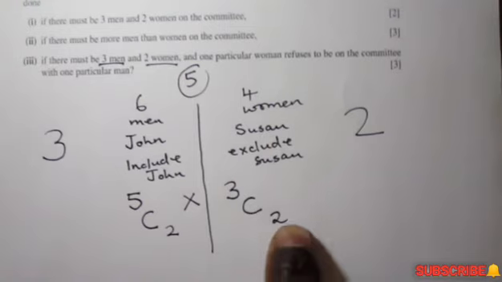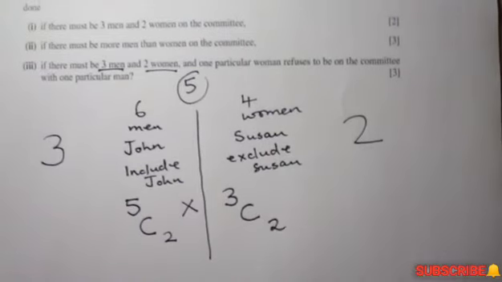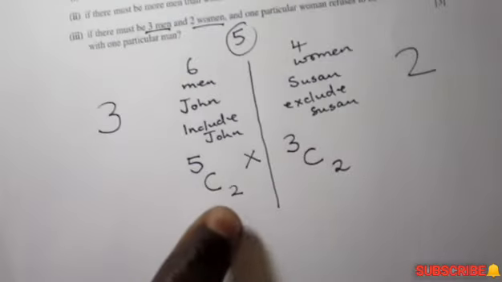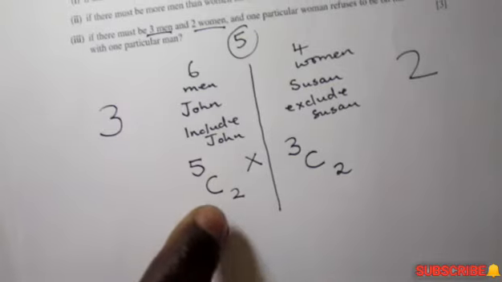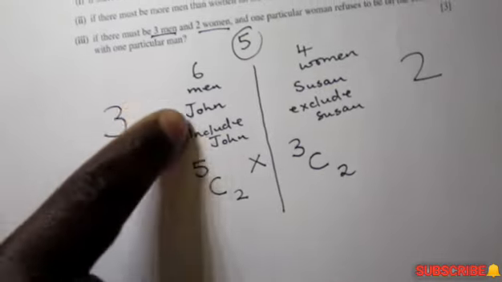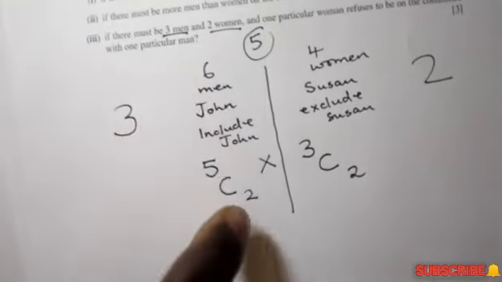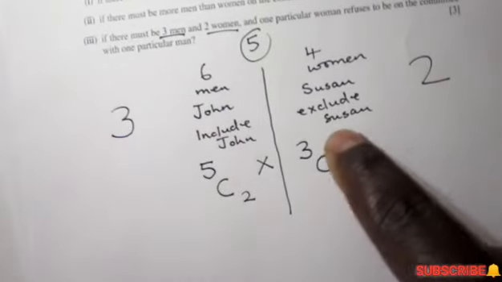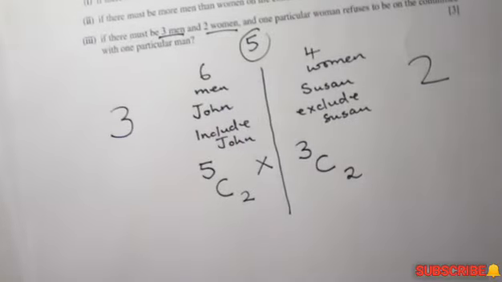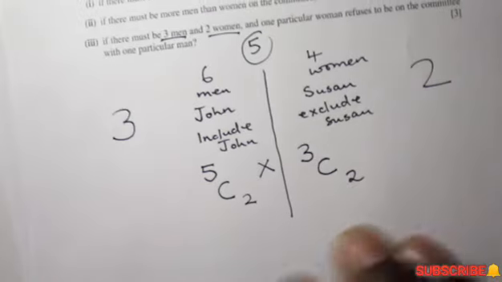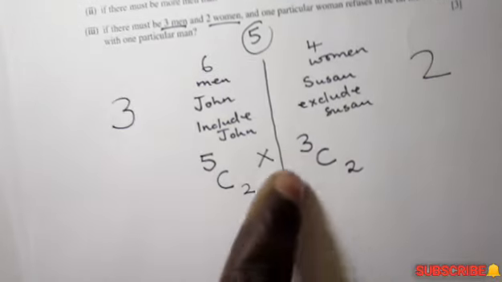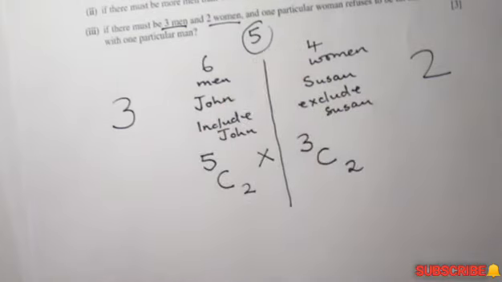Why am I choosing 2 here? Because Susan is excluded. Why am I choosing 2 males here? Because for them to be 3, John was included. So it's John plus the 2 to get 3. But since Susan is not part of the committee, it is only 2. And Susan is not part of the committee. That's why we have less 4 with 1.